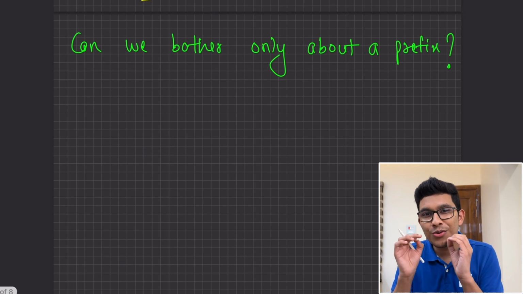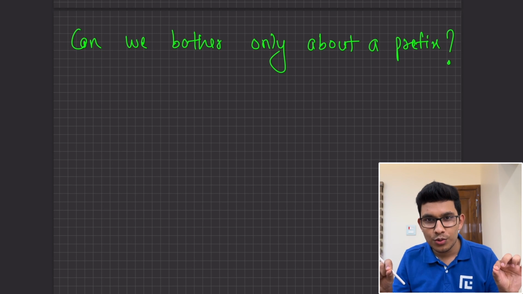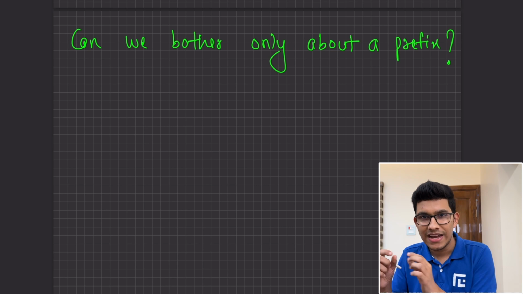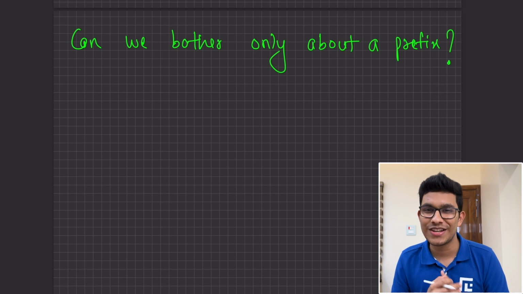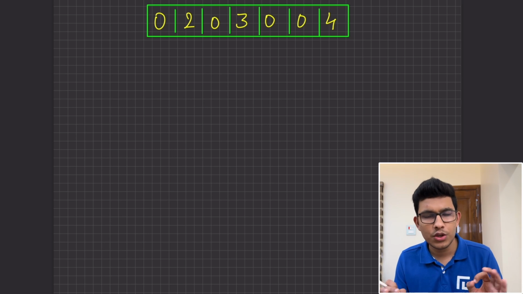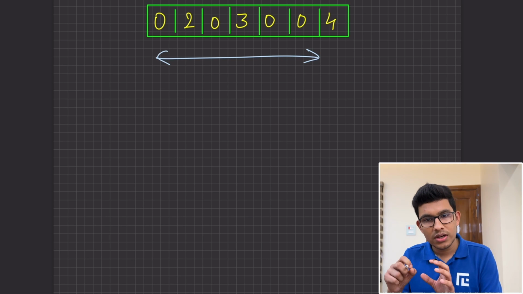So what I want you to do here is think about there being a very big array given to you. Can you break the array into a particular prefix or a particular suffix and then only care about that prefix or suffix? Now that we know we only want to consider a certain prefix, you could pick up any prefix and start thinking about it. Let's pick up this prefix in our case here, 0 2 0 3 0 0.